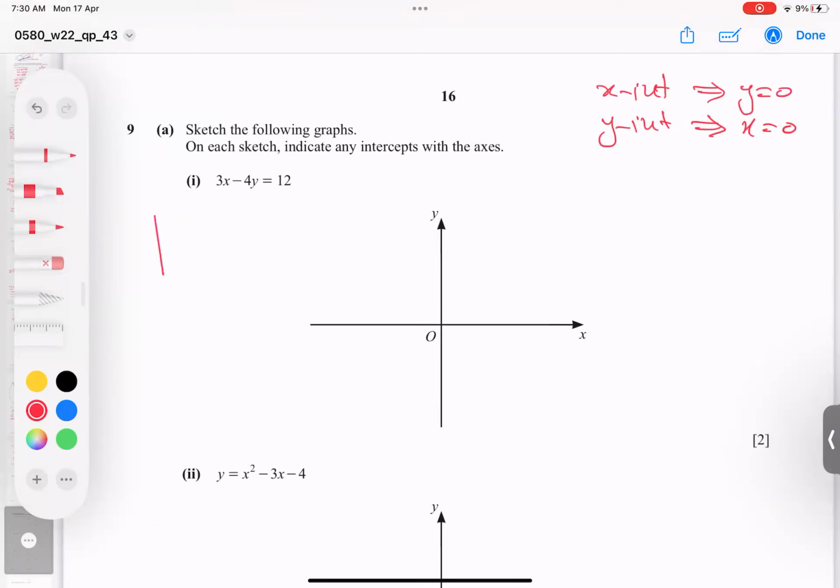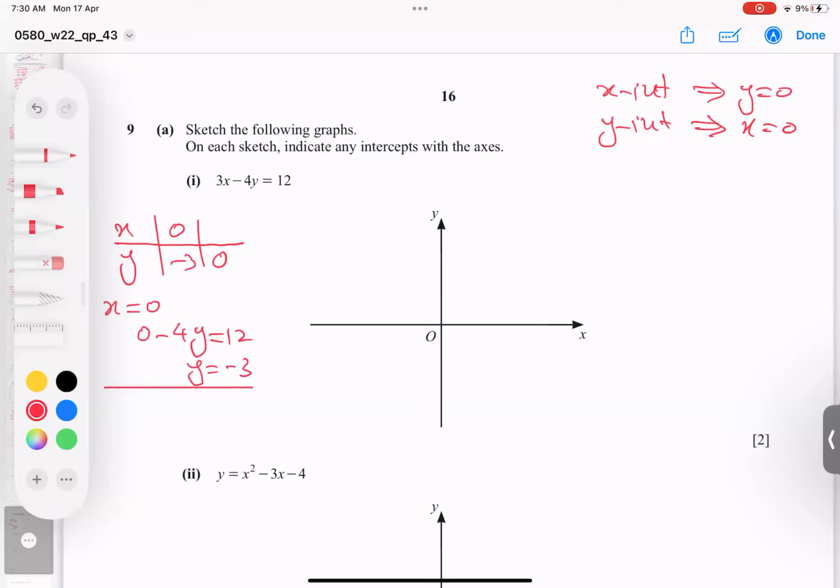I'll make a table of two numbers, one time x equals 0, one time y equals 0. When x becomes 0, we have 0 minus 4y equals 12. Dividing by minus 4, I get y equals minus 3.